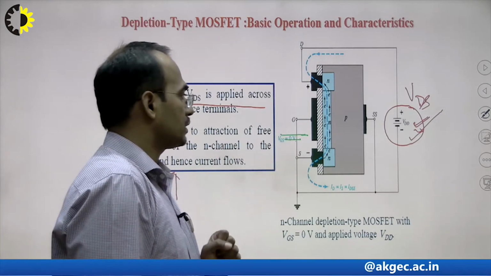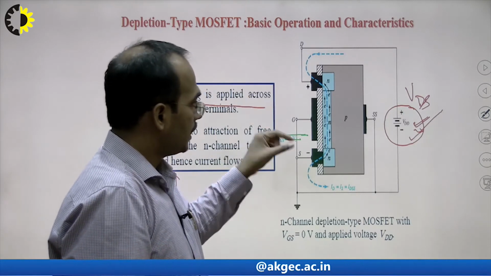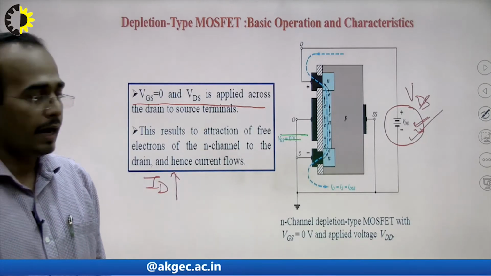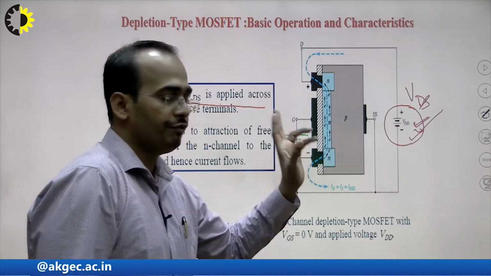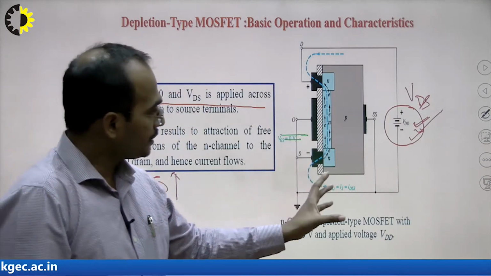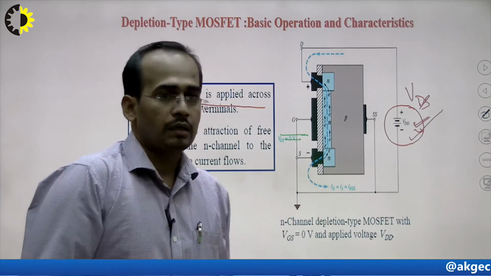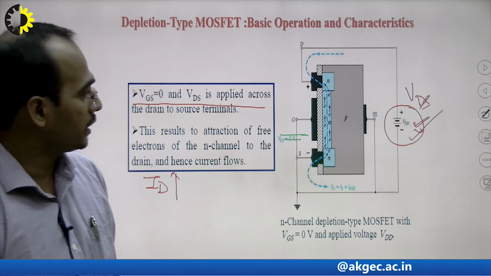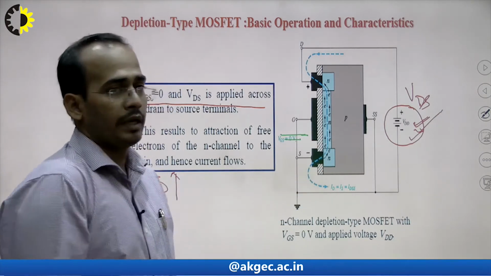This positive terminal will start attracting the minority charge carriers of the p type substrate, and as the magnitude of VGS increases, the minority charge carriers of the p type substrate will start contributing to the flow of charge carriers from source to drain through the channel.